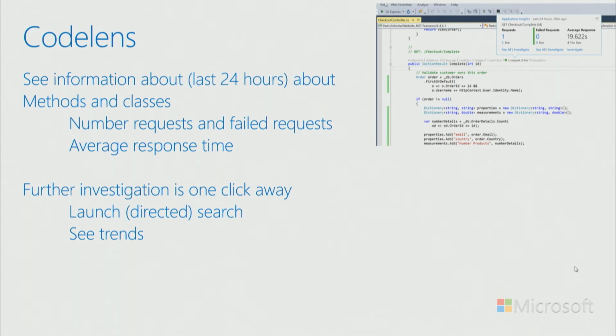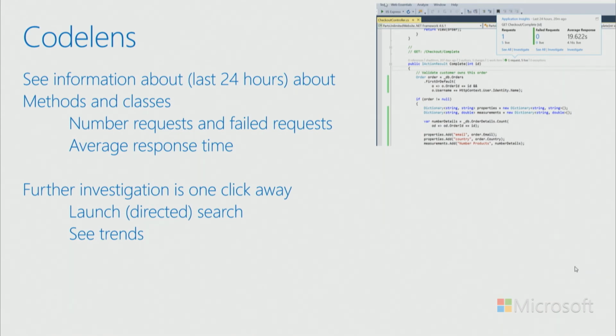You can directly see in the last 24 hours how many times a certain method has been called in requests, how many times it has been called in failed requests, what has been the average response time, and if you want to do any further investigation, all you have to do is to click on the detail, and it will drill down on the details in order to see what kind of failures and why they have happened.